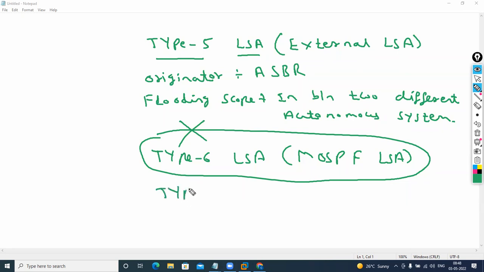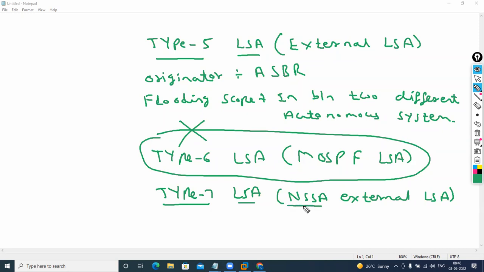We have one more LSA, that is type 7. We call it the NSSA external LSA. This LSA type we'll understand when we do area types. It will come into the picture when we have NSSA areas. Sir, type 6 is the multicast LSA? Yes, multicast OSPF.